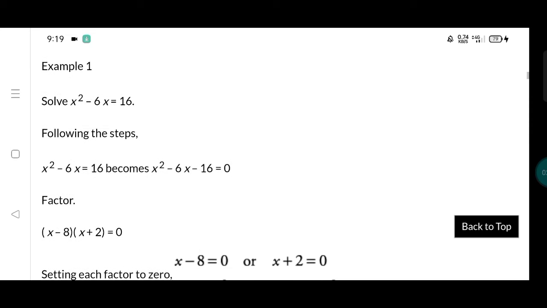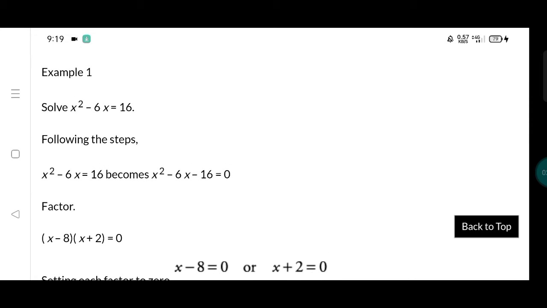So x squared minus 6x minus 16 is equal to 0. You can factor this into x minus 8 times x plus 2 equal to 0.